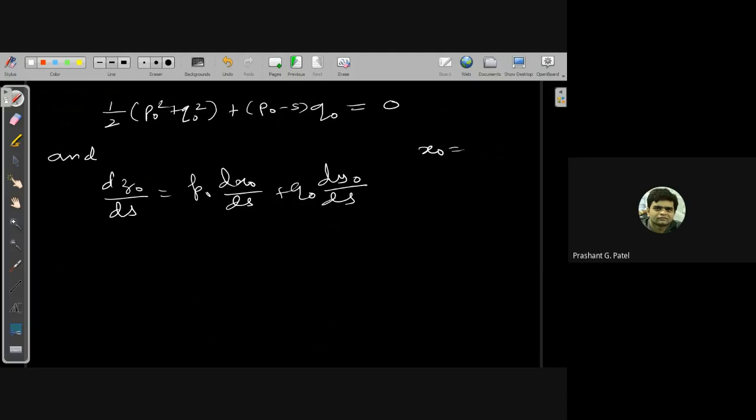We know x0 = s, y0 = 0, z0 = 0. So this gives 0 = p0 times the derivative of x0 with respect to s, which is 1, plus q0 times 0. So that implies that p0 = 0.